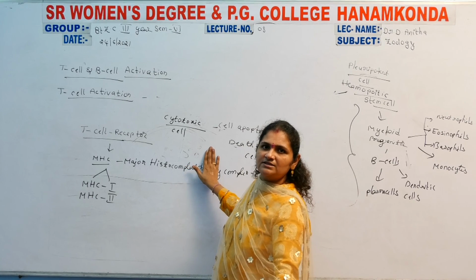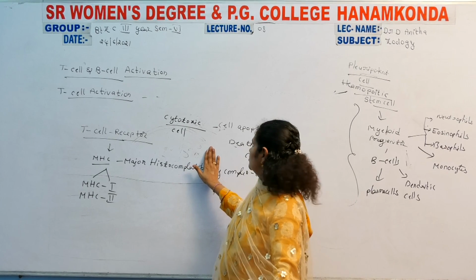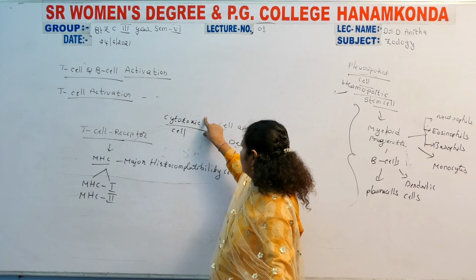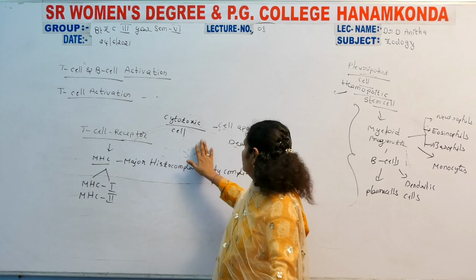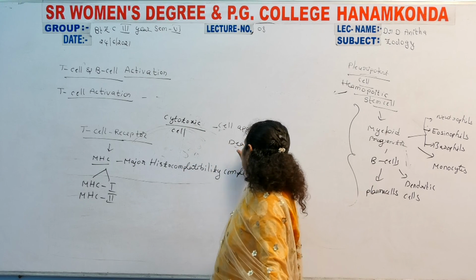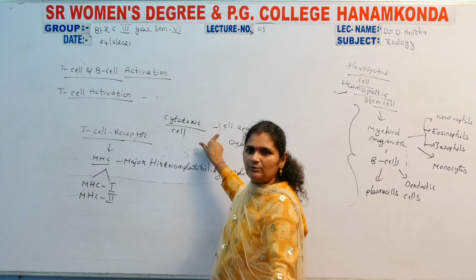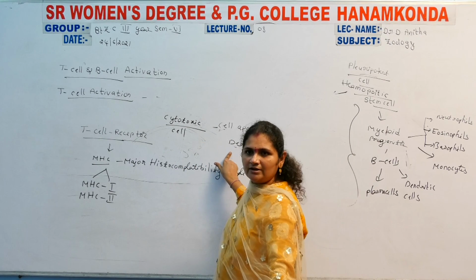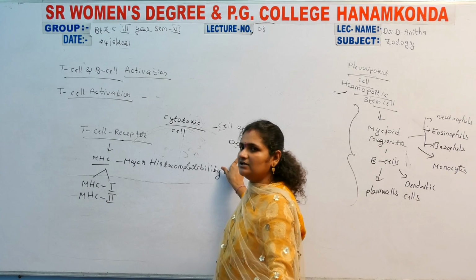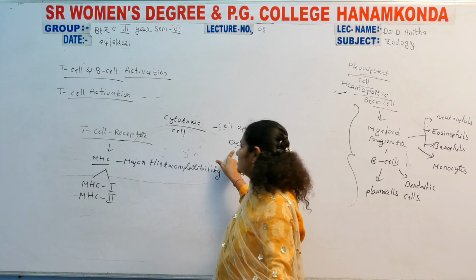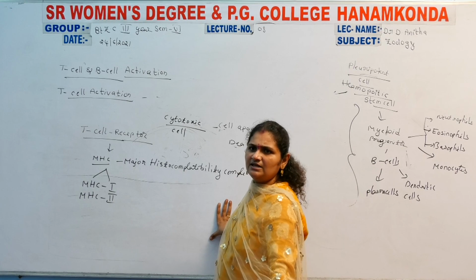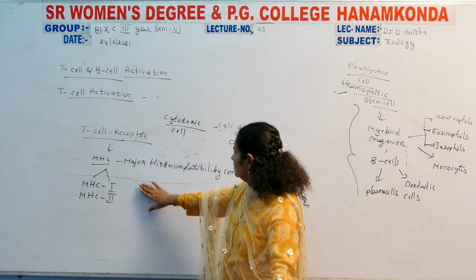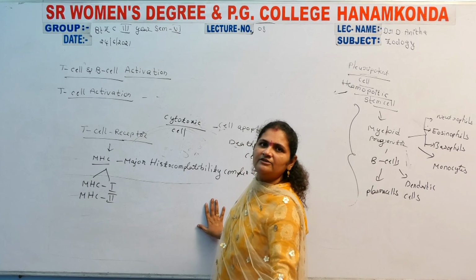By that way, the cytotoxic cell attacks an already infected cell. The already infected cell dies with the help of the cytotoxic cell, and the T helper cell also attacks the already infected cell.